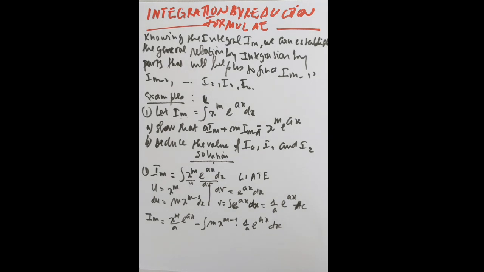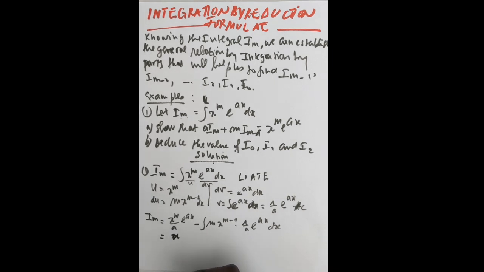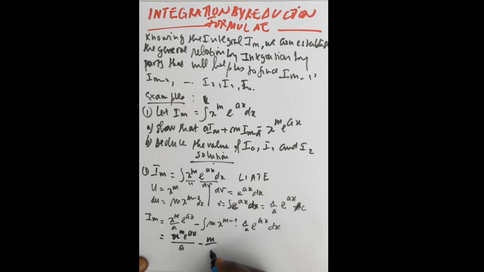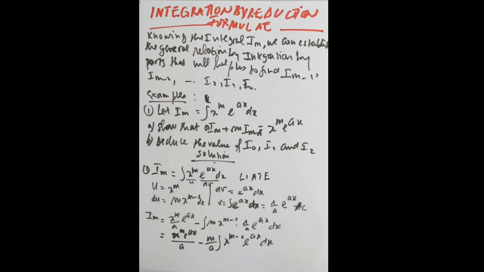So we can put out of the bracket this m over a, and I can write Im equal to x power m e power ax divided by a minus m over a times the integral of x power m-1 e power ax dx.